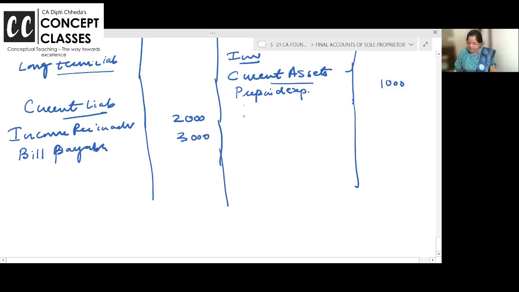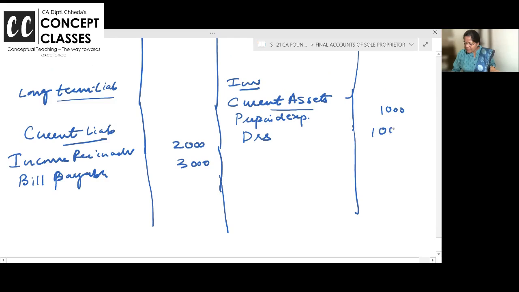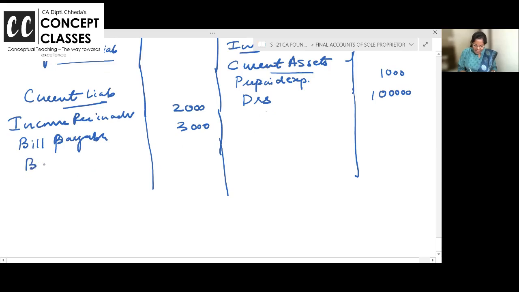Next is debtors, on the asset side. It will come in current assets. Is my speed fine? You are able to interpret and write with me. If you can message, I'll come to know. Debtors is a current asset, you liquidate easily. Bank overdraft is like a liability. You have withdrawn more than the balance you have in bank.